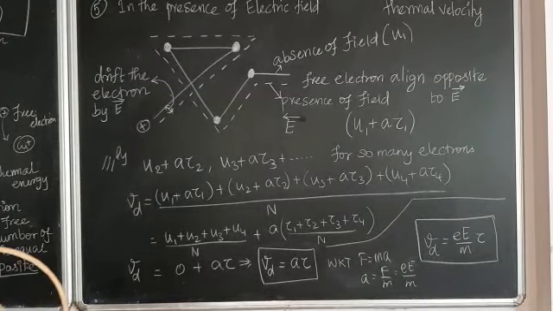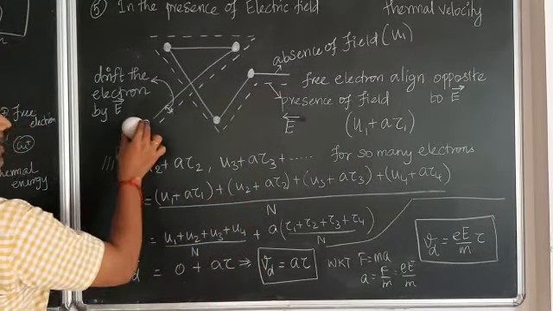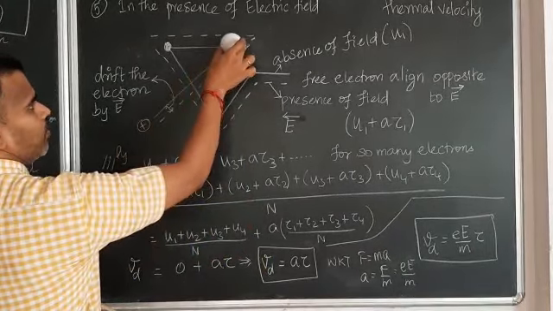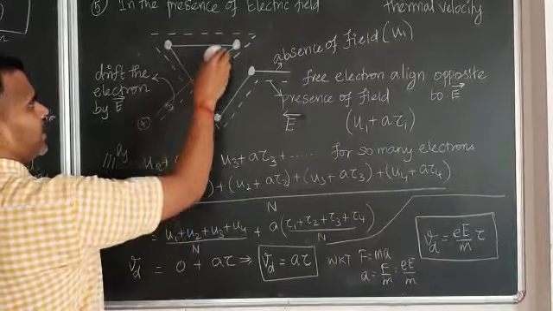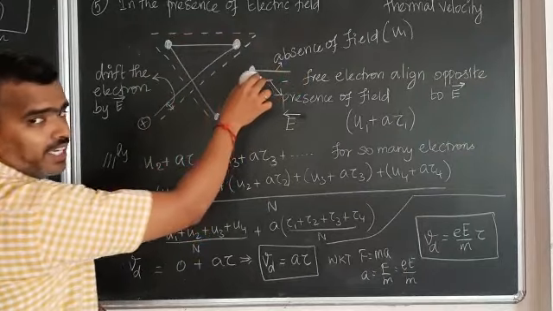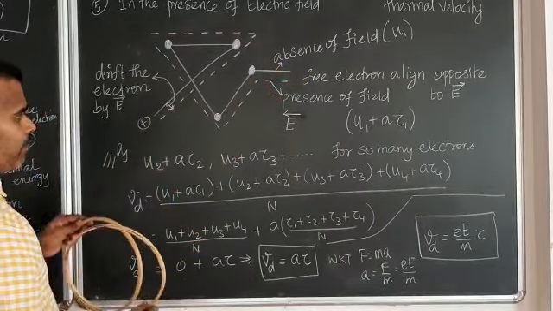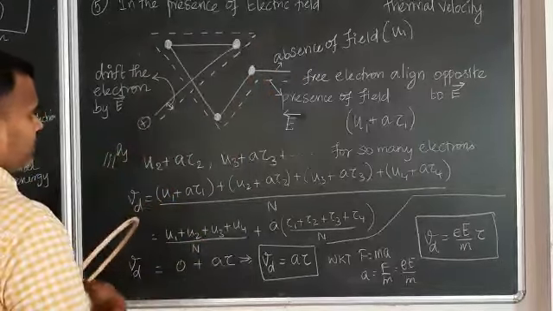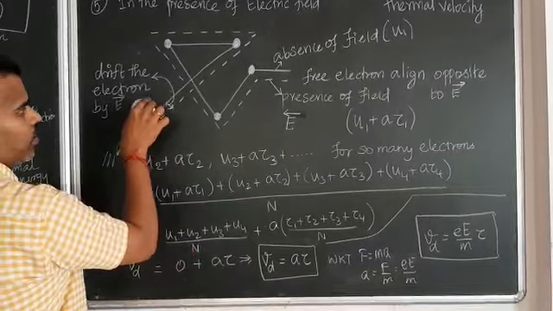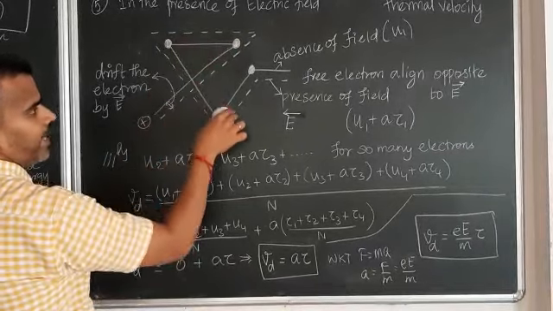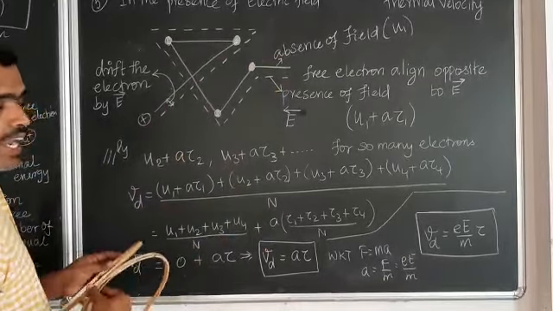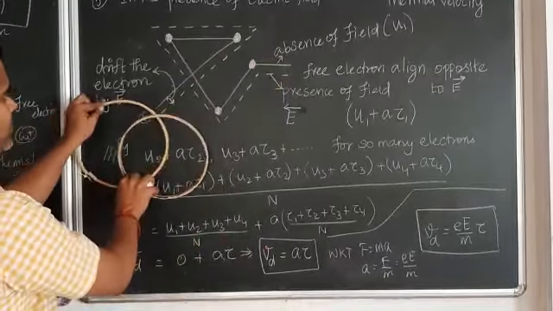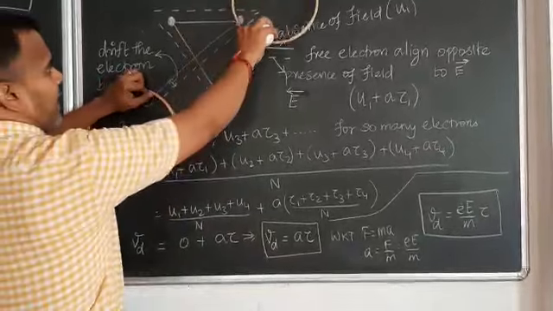When we apply the electric field, the electron drifts slightly; this is the lattice.